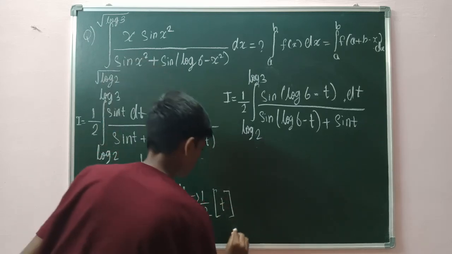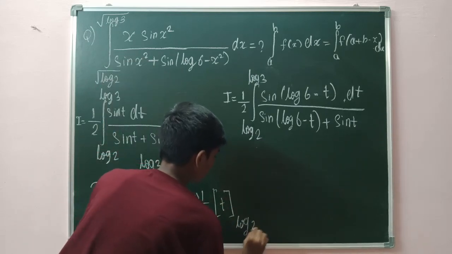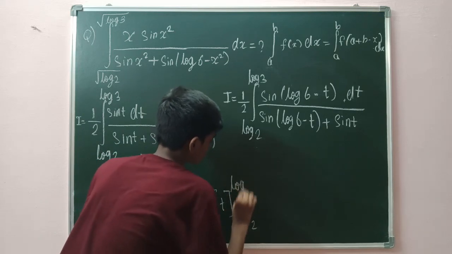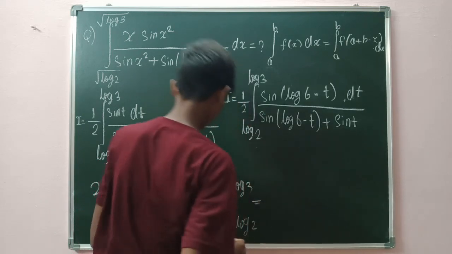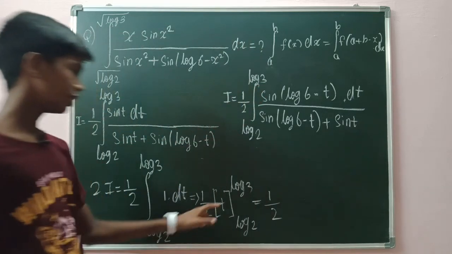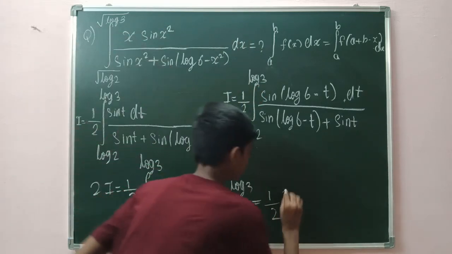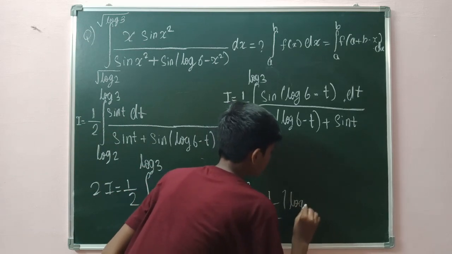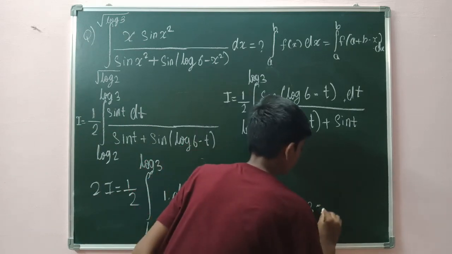So the limits are log 2 to log 3. So now I can write the same as half into, first put t as log 3, hence I'll get log 3. Next put t as log 2, then I'll get minus of log 2.